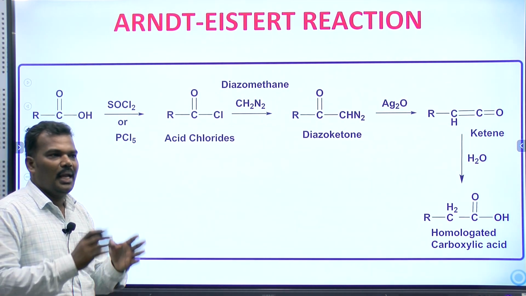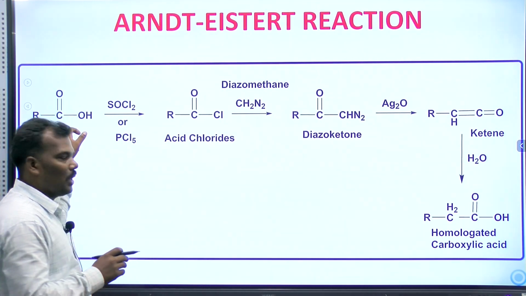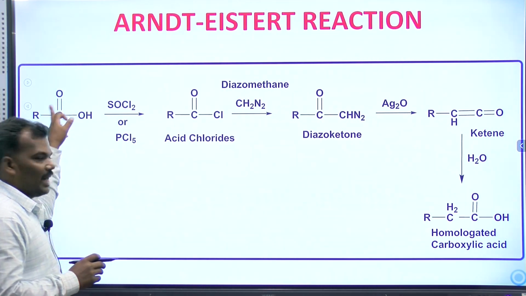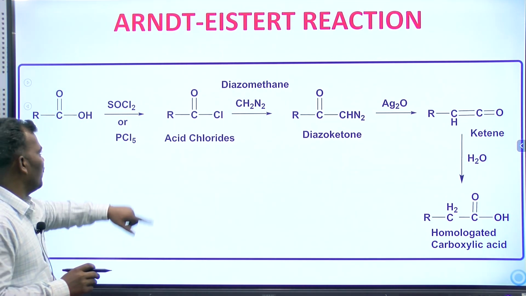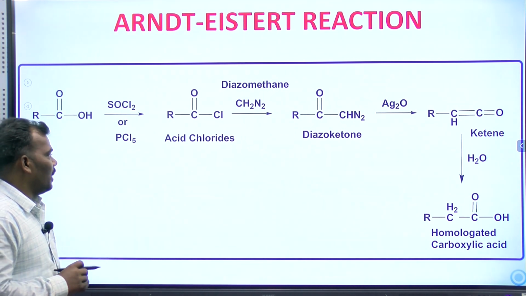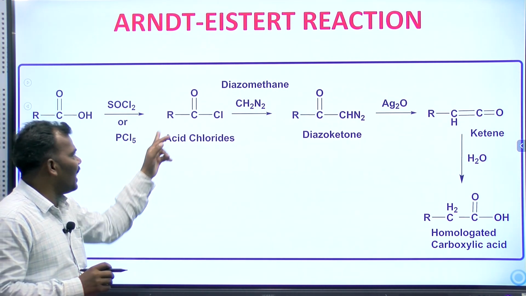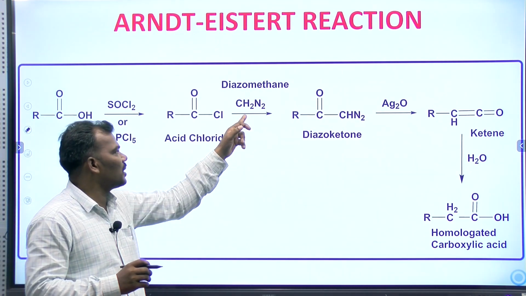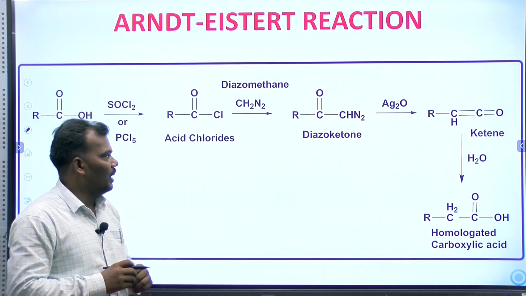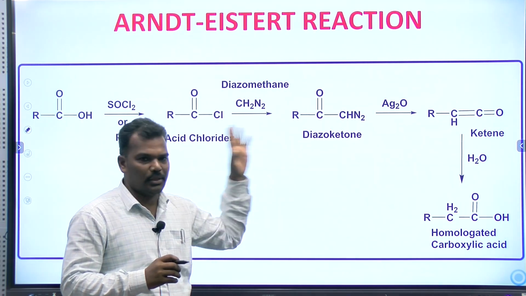Now if we see the Arndt-Eistert reaction, first of all the carboxylic acid reacts with thionyl chloride or phosphorus pentachloride, which leads to the formation of acid chlorides. These acid chlorides on reaction with diazomethane lead to the formation of alpha diazoketones.